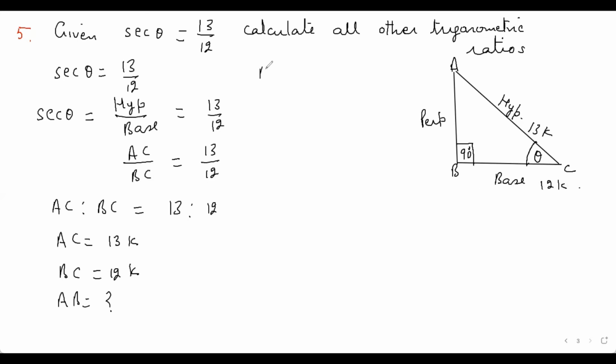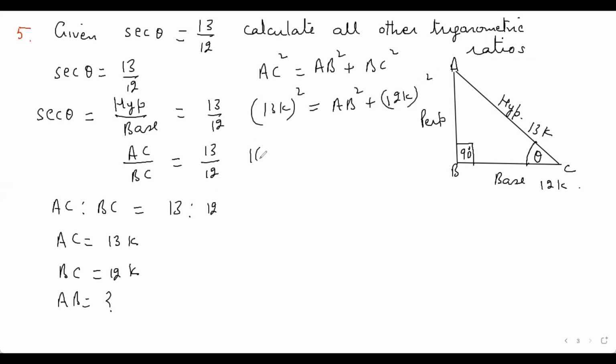So by Pythagoras, I have AC square is equal to AB square plus BC square. Now AC is given 13K whole square is equal to AB square plus BC, 12K whole square.